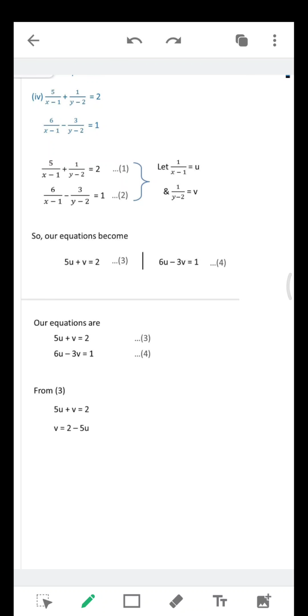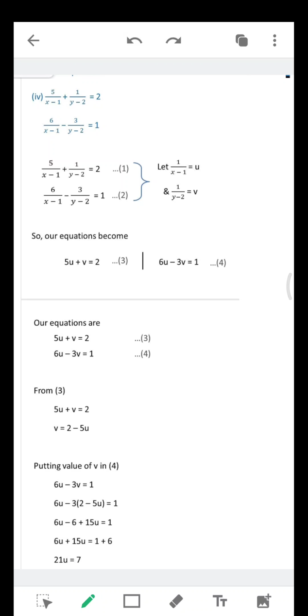So from equation number 3, okay, this I have named as 3 and 4. So from equation number 3, this is your equation number 3. From equation 3 we are finding the value of v. V is 2 minus 5u. We'll substitute this in equation number 4. Okay, in place of v I'll write 2 minus 5u. So let's proceed with this substitution, putting value of v in 4.